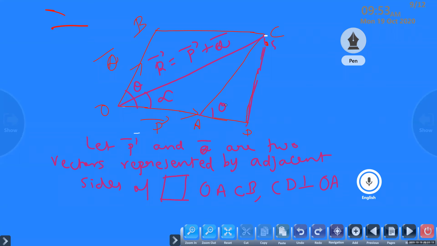Angle BCA will be CAD. What is angle BCA?